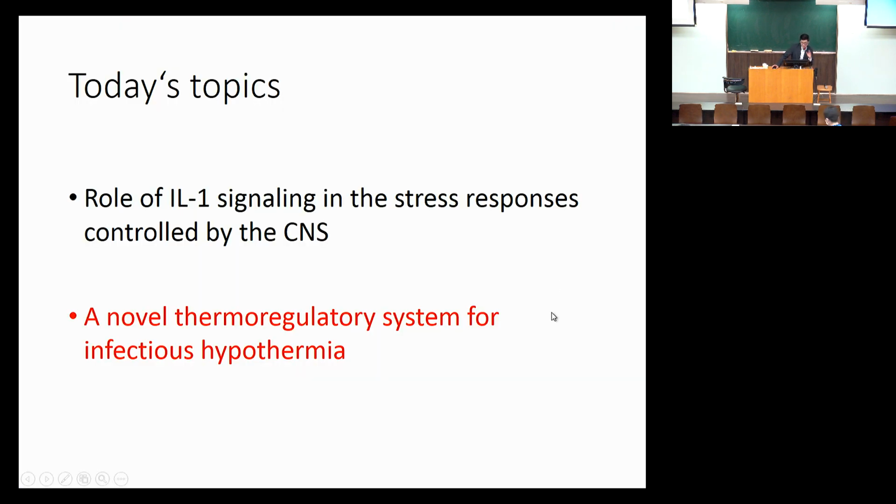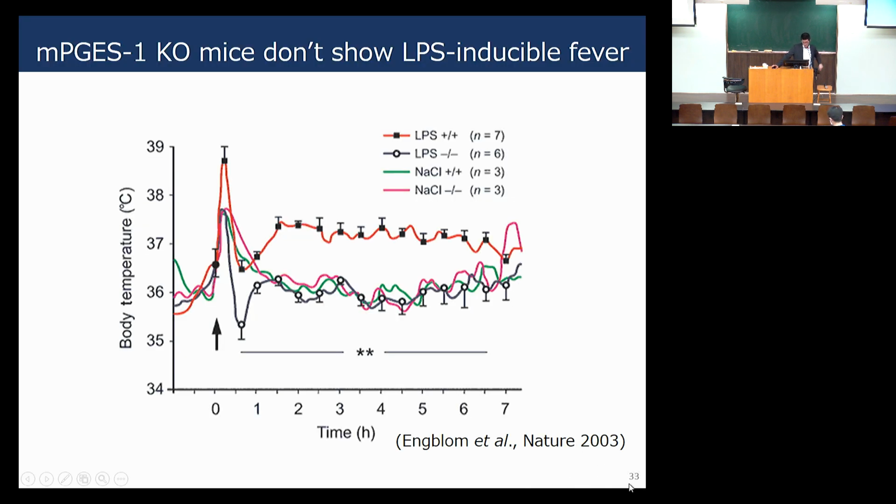And next I go deeper into this regulation, the thermoregulation system. Many years ago, my former group published one paper with MPGS1 knockout mice. This MPGS1 knockout mouse is a whole body knockout. They said this knockout mouse doesn't produce any fever when they injected LPS.